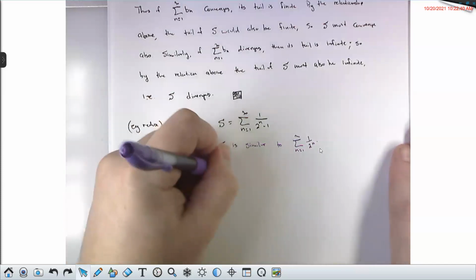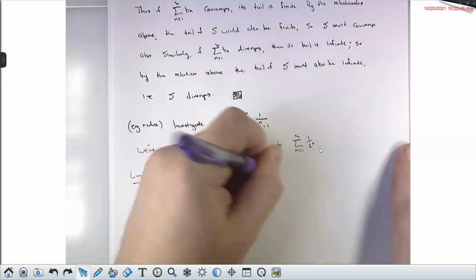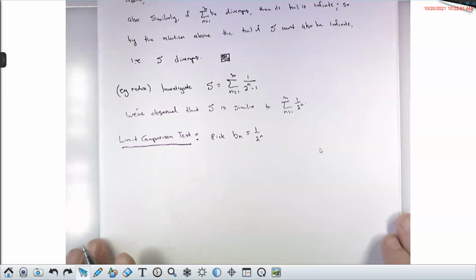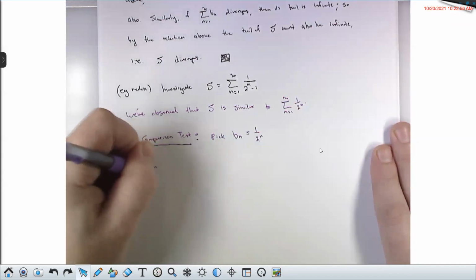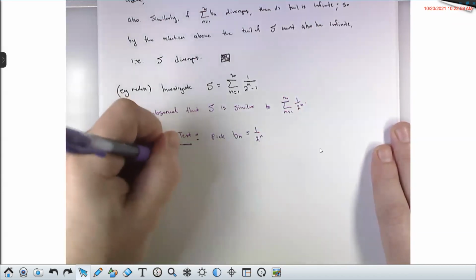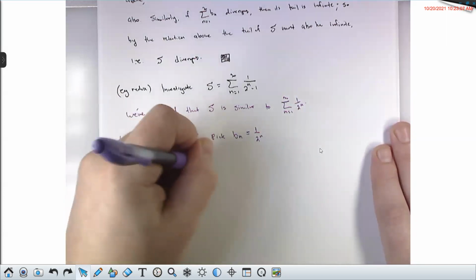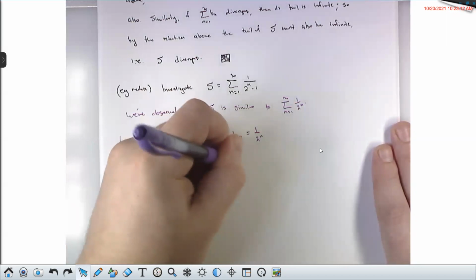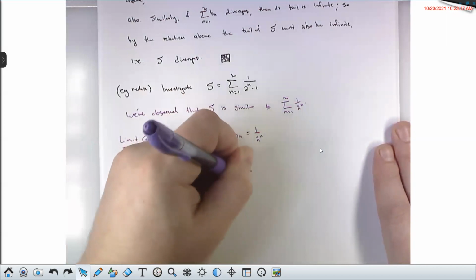And you should always tell your reader we're going to pick bn to be 1 over 2 to the n, or whatever it is you're going to pick for your bn. Make sure you state that clearly. Then L is the limit as n goes to infinity of an over bn, which is the limit as n goes to infinity of 1 over 2 to the n minus 1 divided by 1 over 2 to the n.